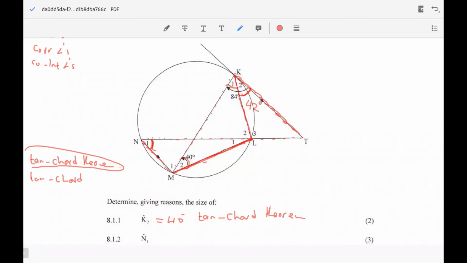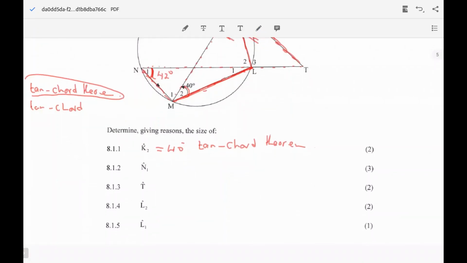Which means these two angles are equal to each other because they're angles in the same segment. So already we have K1 plus K2 equal to 84. And since K2 is 42, that means K1 will definitely be 42. And now that K1 is 42, definitely angle N1 is 42 degrees. So I hope you see how that comes about.